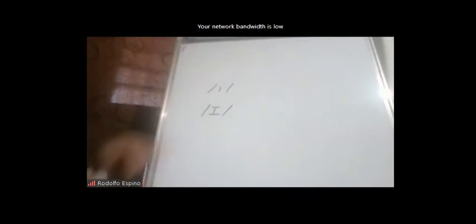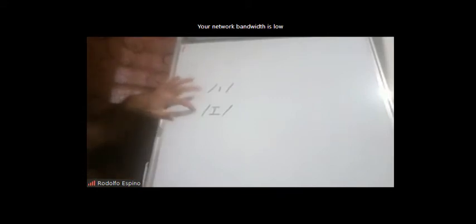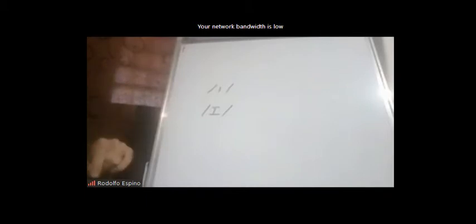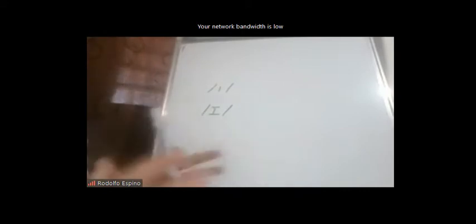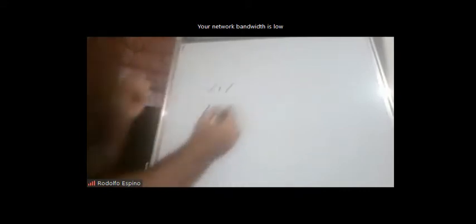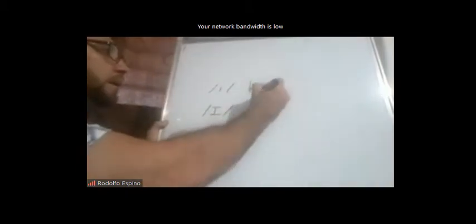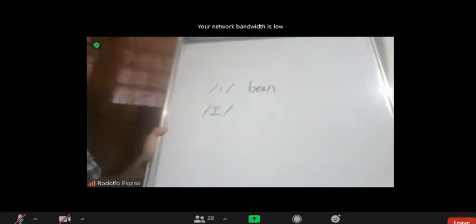Okay, good. So here, guys, there is something that you need to know. First of all, the E sound is usually transcribed with a combination of vowel letters in spelling. For example, I would say bean. Okay, bean.